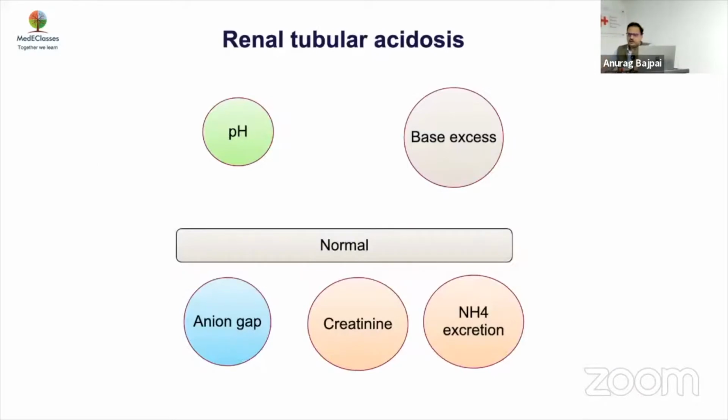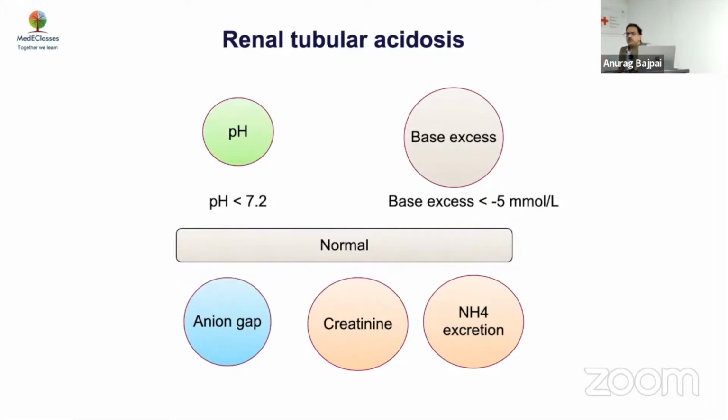So you need to have a renal tubular acidosis. It has to be a metabolic acidosis with a tubular problem and normal glomeruli. So for RTA, you need to have a metabolic acidosis: pH should be less than 7.2, base excess should be below -5, so -6, -7, which means there is a metabolic acidosis.